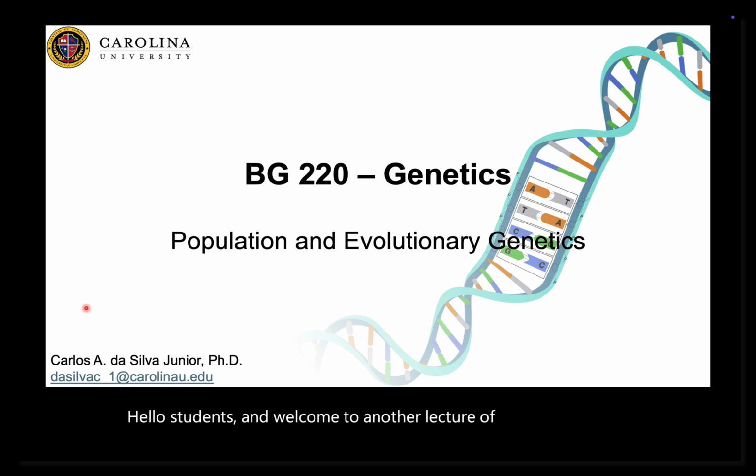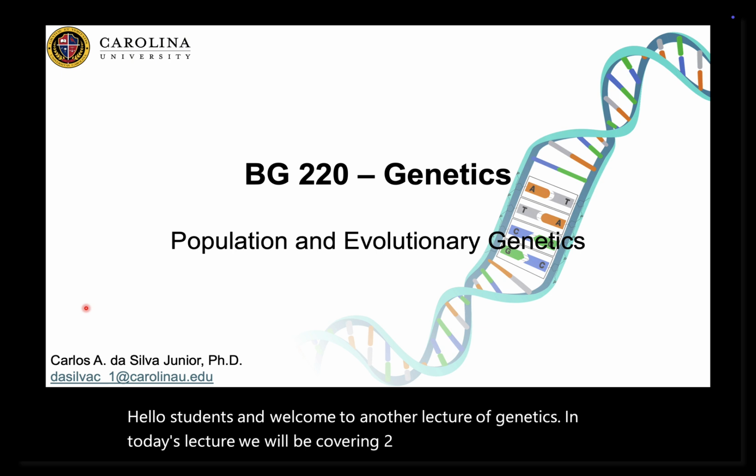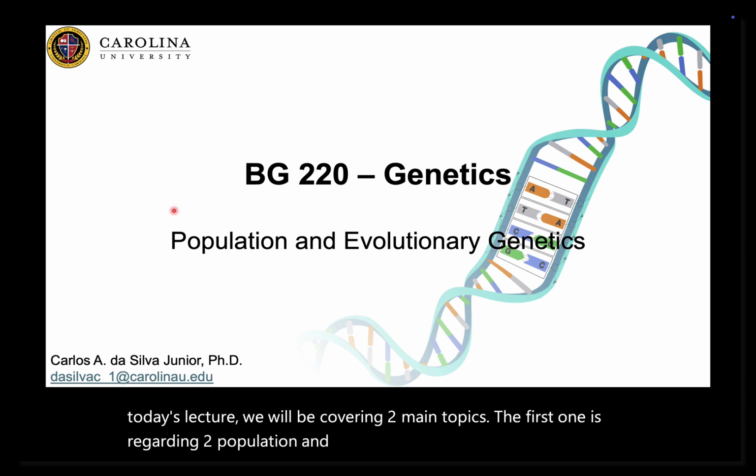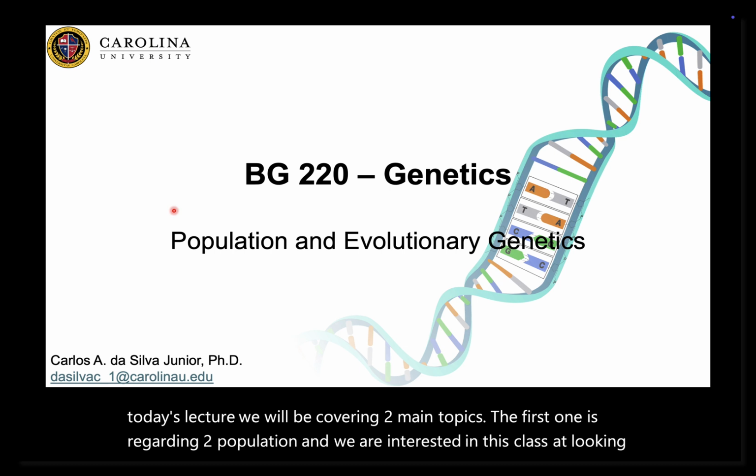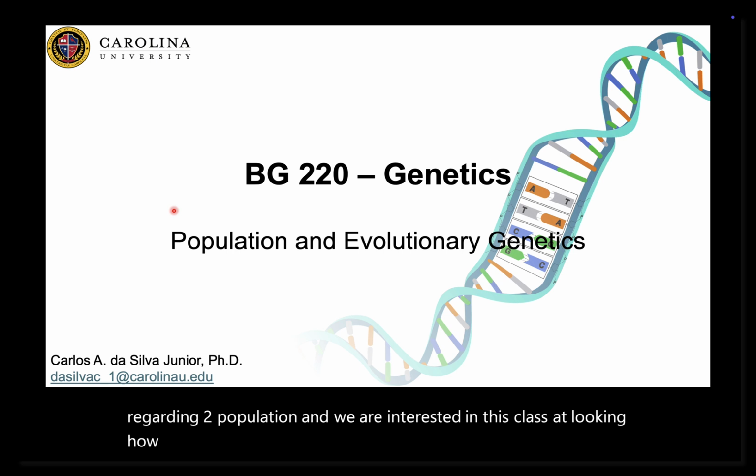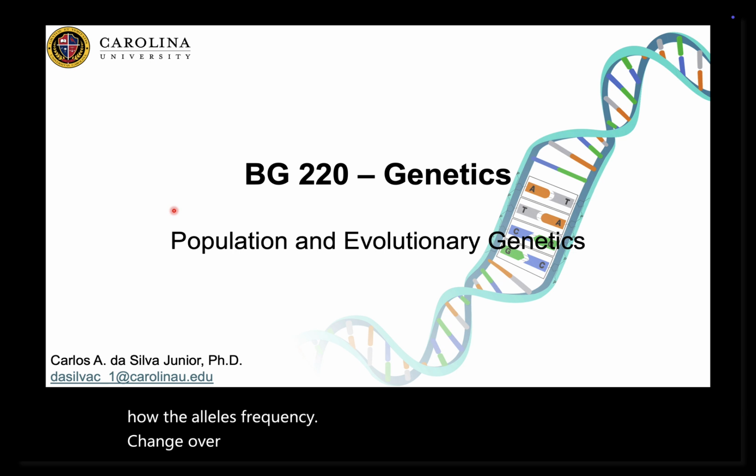In today's lecture, we will be covering two main topics. The first one is regarding population, and we are interested in this class in looking at how the allele frequency changes over time, or from one generation to the other.